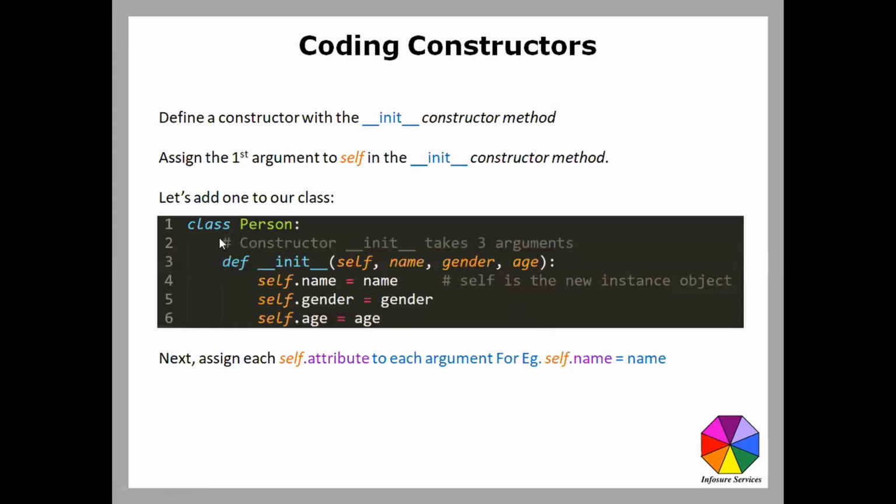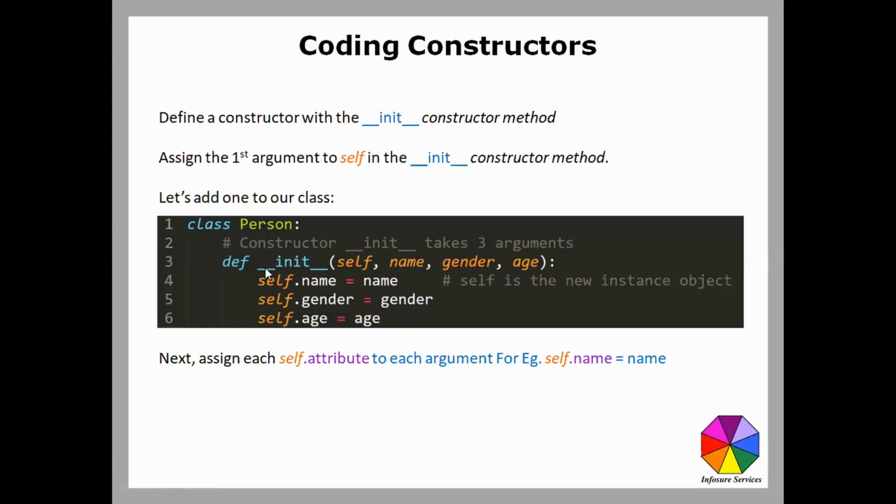Now, a little more detail. How do you define a class? I mentioned the class keyword before the name of the class. By convention the name starts with a capital letter and the rest is lowercase. So: class Person colon. Inside it there is always a default function called the constructor.